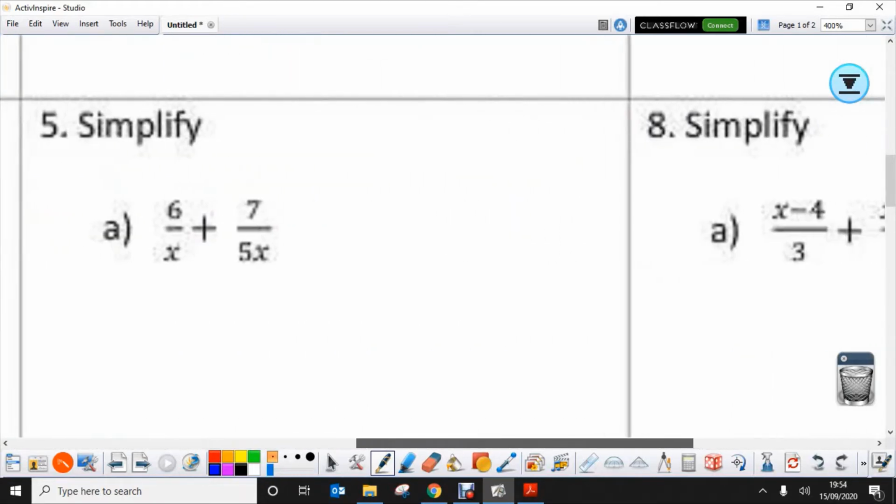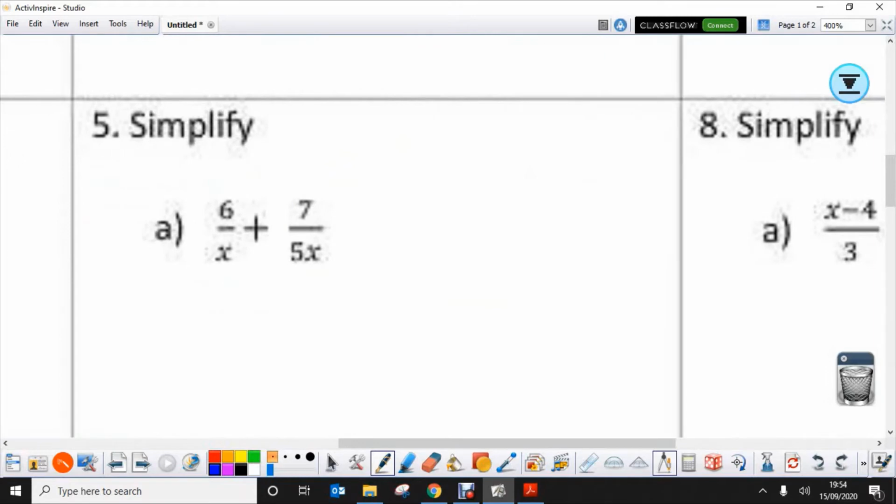Question 5. We're following the normal rules of fractions, so to be able to add or subtract fractions, I need to get the bottom number, the denominator, the same. These two numbers will have to be the same to enable me to add or subtract. We're still following the general rules of fractions.